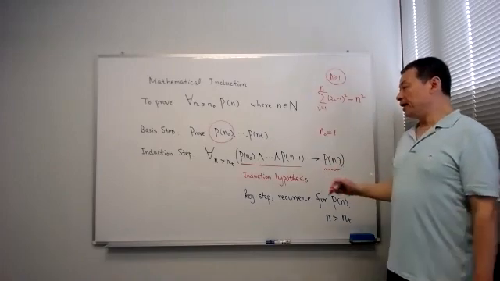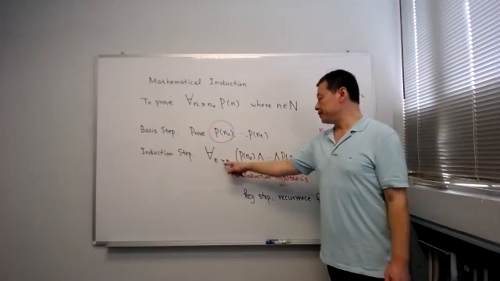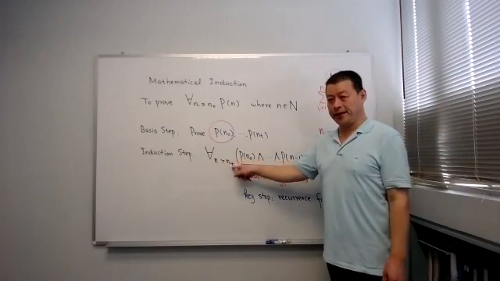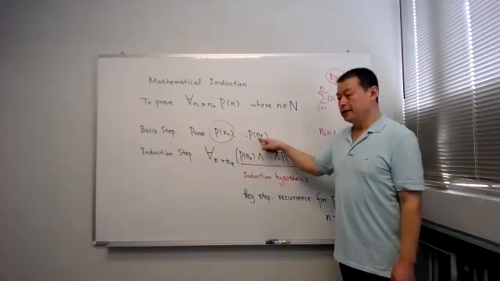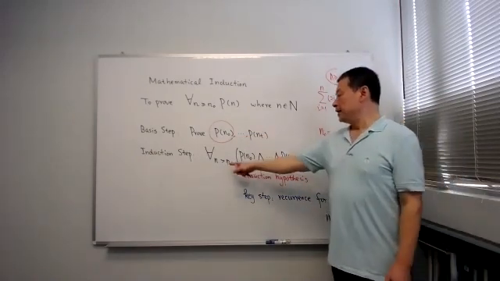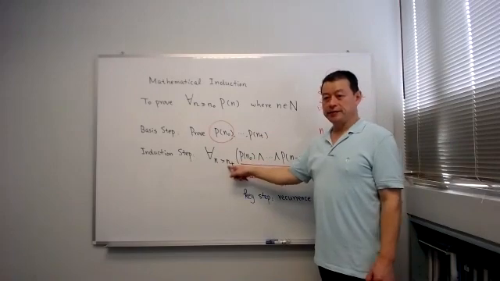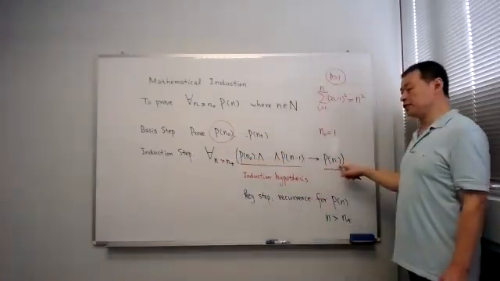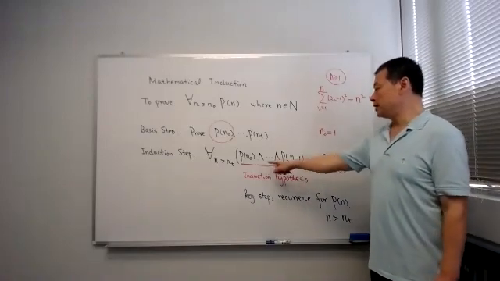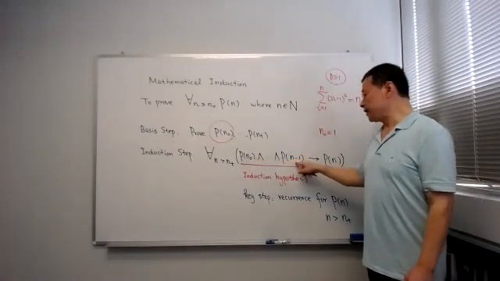Now here we only need to consider n greater than n naught, because for these we have shown it already up to n naught. So here we only need to work on numbers more than n naught. Then for each such number, we prove that the statement holds for n whenever it holds for n naught up to n minus 1.